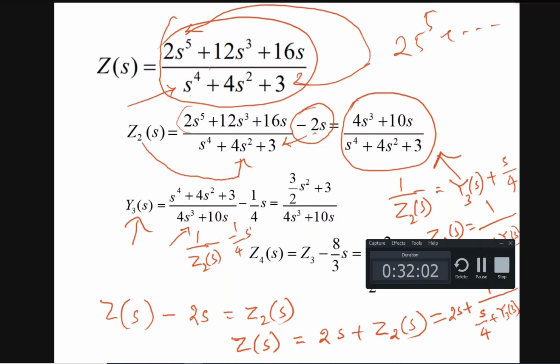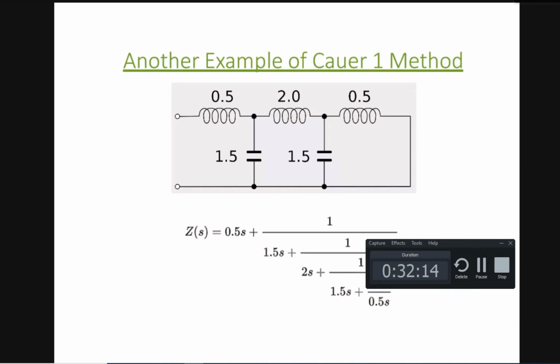Now if you expand Y3 of s again, you will again get a form known as Cauer form. Here it is given, of course. You can expand that and then see. So you will get, for example, for a network like this, this plus 1 by this plus 1 by this plus 1 by this plus this.